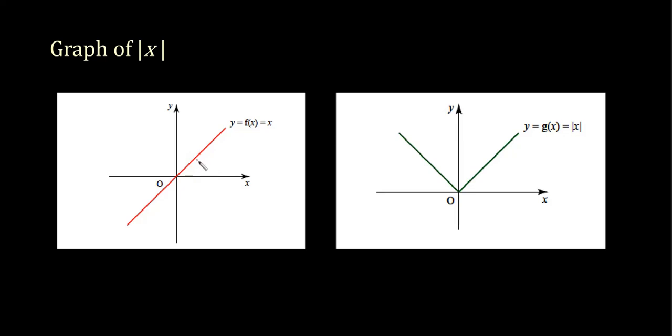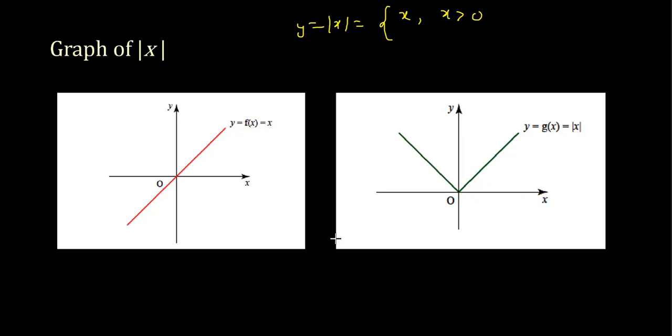What this definition of mod x says is that y equal to mod x is y equal to x for all the positive values. So in the second graph here, this is the y equal to x line for all the positive values of x.